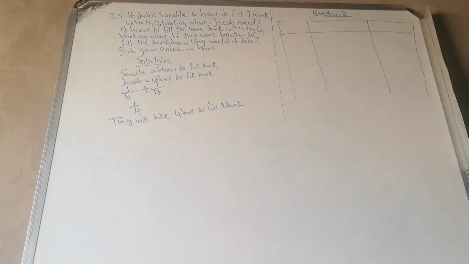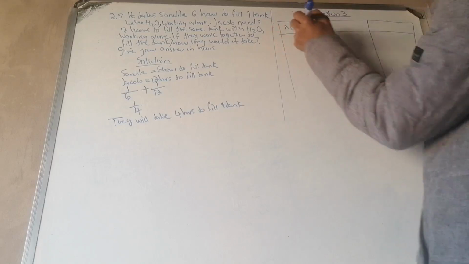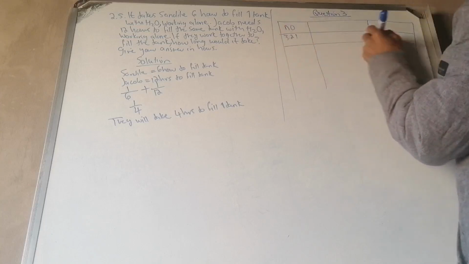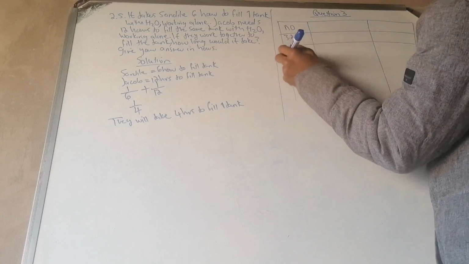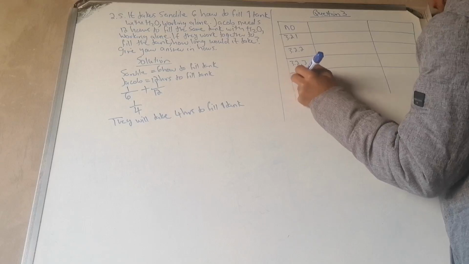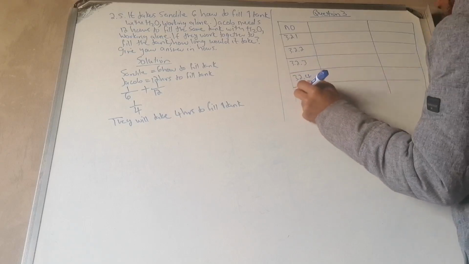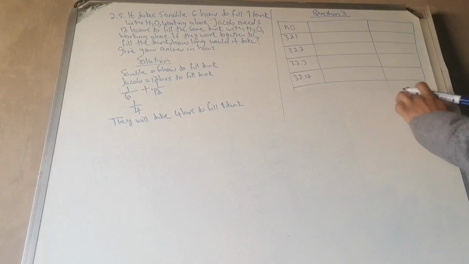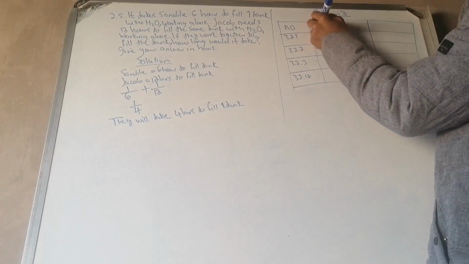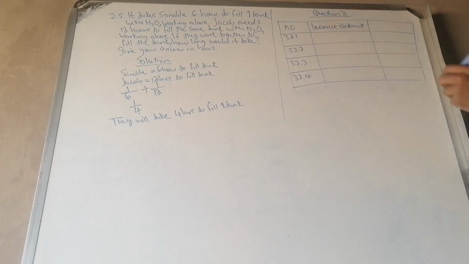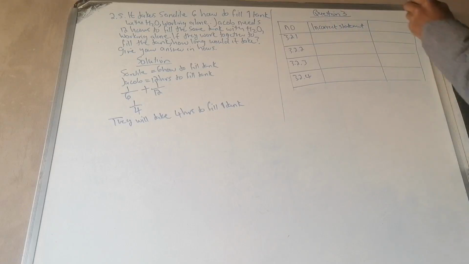Here is the number: 3.2.1, 3.2.2, 3.2.3, 3.2.4. Here is the incorrect statement and here is the correct statement.